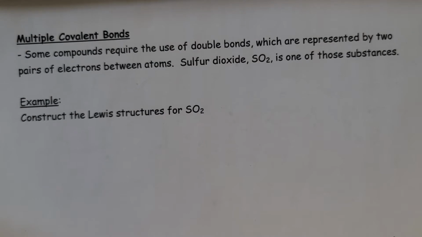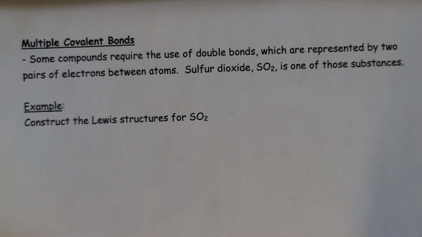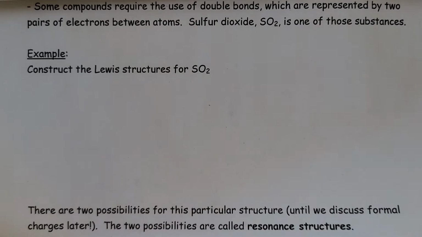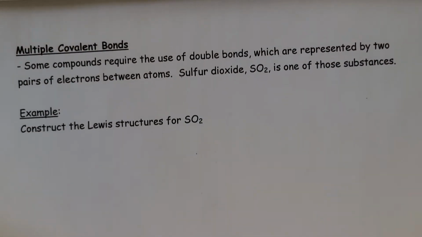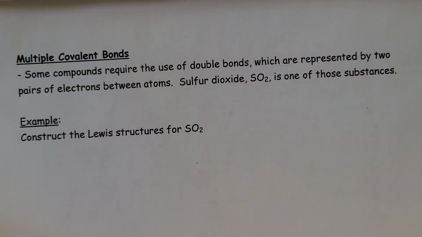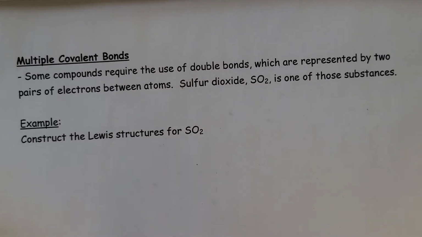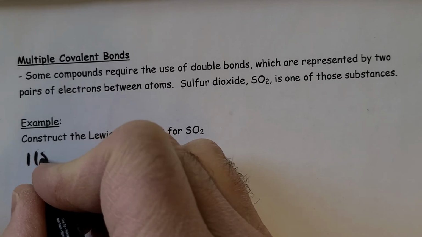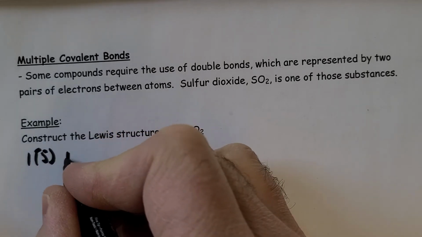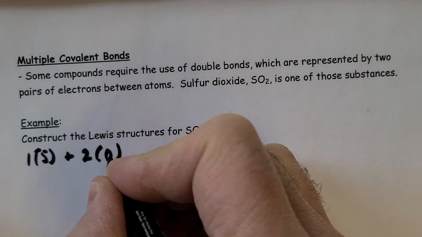All right, so the last 2 examples I want to do involve multiple covalent bonds, and then we'll look at one that involves a polyatomic ion here at the bottom. Some compounds require the use of double bonds, which are represented by 2 pairs of electrons between 2 atoms. Sulfur dioxide is one such substance. So sulfur dioxide, you can see I have 1 sulfur and 2 oxygens.